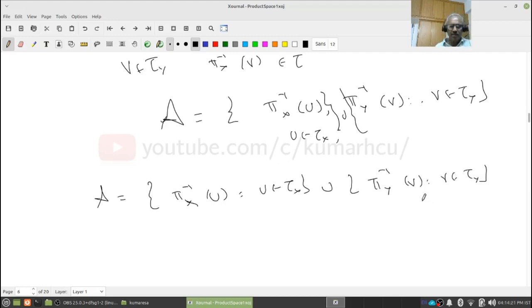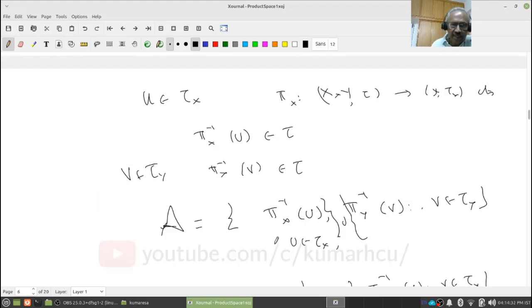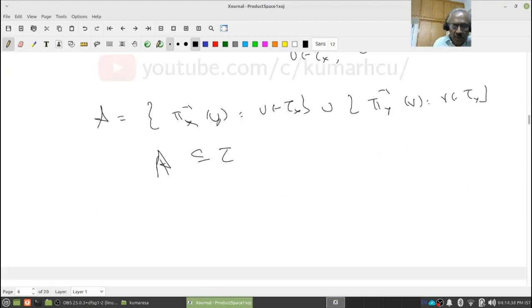This collection A must be contained in tau, because tau is the topology which makes pi x and pi y continuous. Since these are all open in tau x, their inverse images should be open in tau.